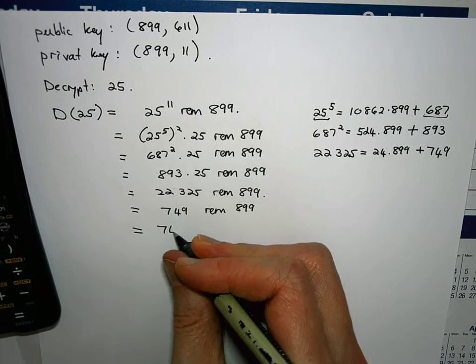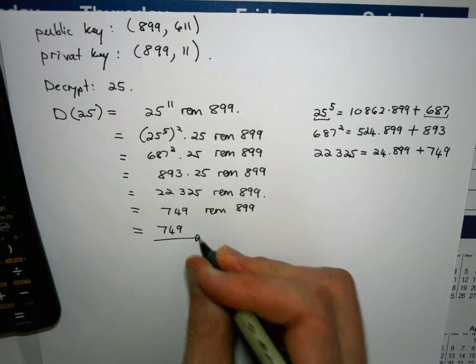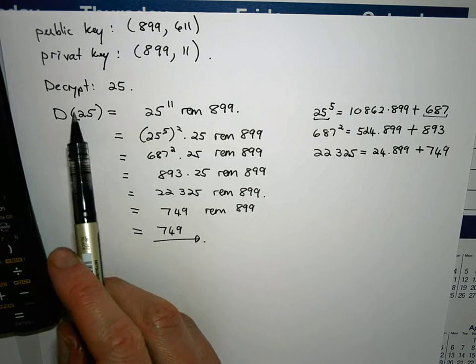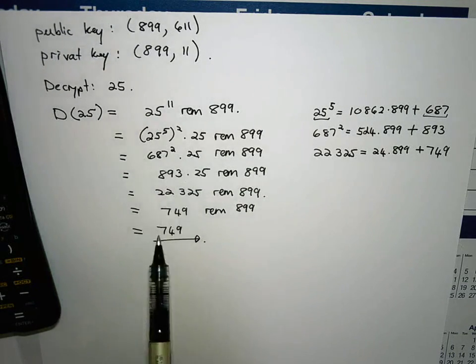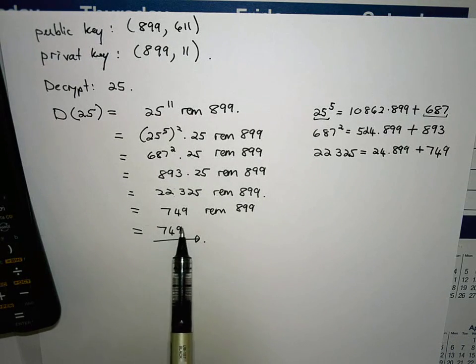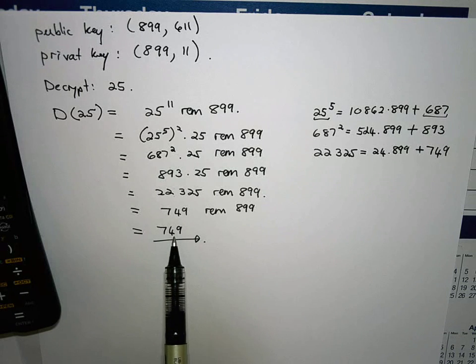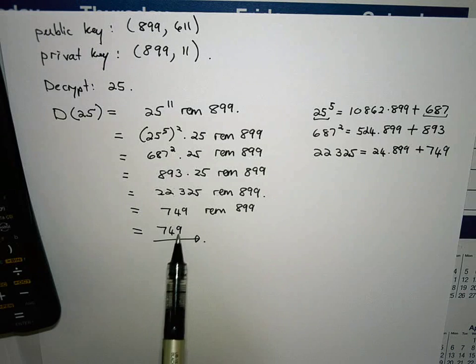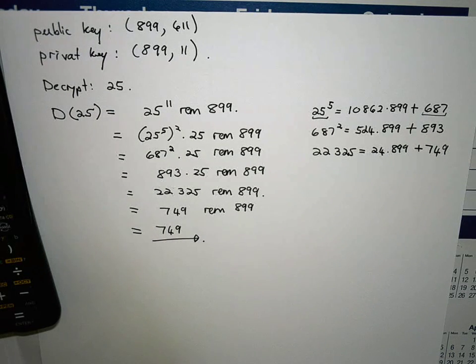So the answer is 749. I've decrypted the received message 25, and the result is 749. If this had been encrypted with my public key, I've now applied the private key, so this should be the original message sent.